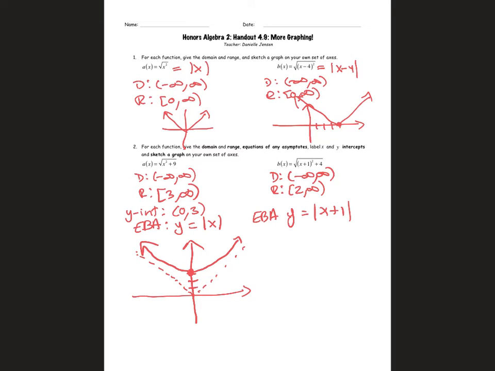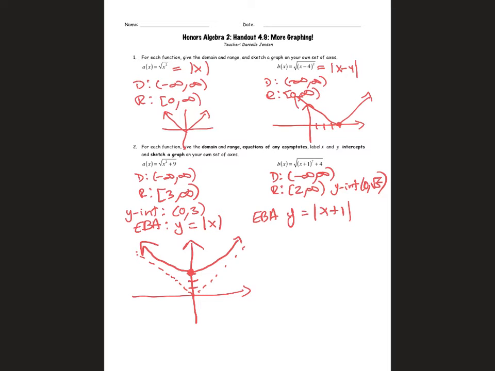Did I say y-intercepts before? I meant to say there's no x-intercepts. But there is a y-intercept, and the y-intercept is when you put in 0 for x. When I put in 0 for x, I'm going to get the square root of 5. So 0, square root of 5 is my y-intercept.